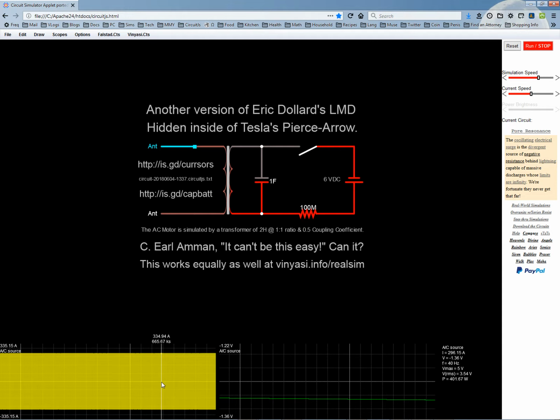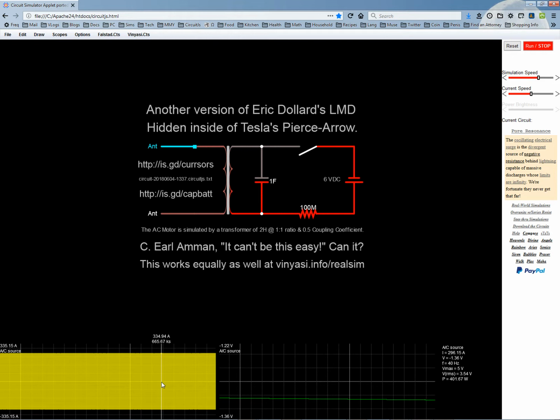RMS is 3.5 volts. But it doesn't tell me what the amps RMS is. It tells me 400 watts on average, but that may not be RMS. Yeah, so the voltage is only 3.5 volts RMS. The maximum is 5 volts.